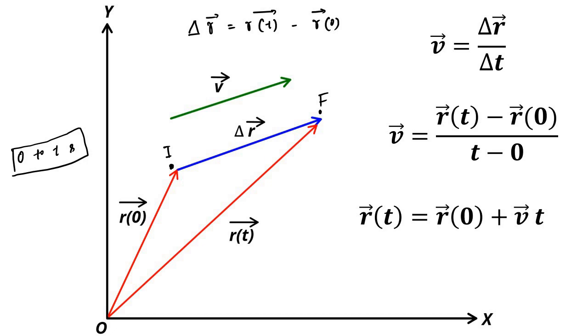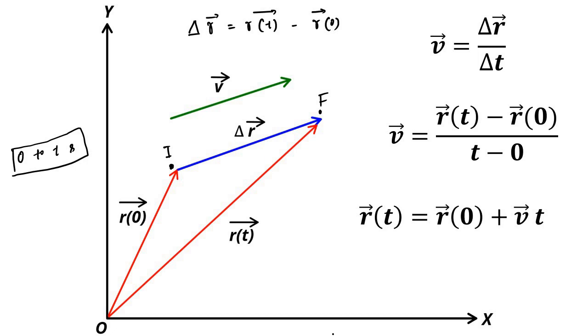Okay, position vector of the final point minus position vector of the initial point. So velocity is displacement by time interval. So simply v vector is equal to delta r vector by delta t, which is equal to rt vector minus r0 vector divided by t minus 0, because the time interval is from 0 to t.